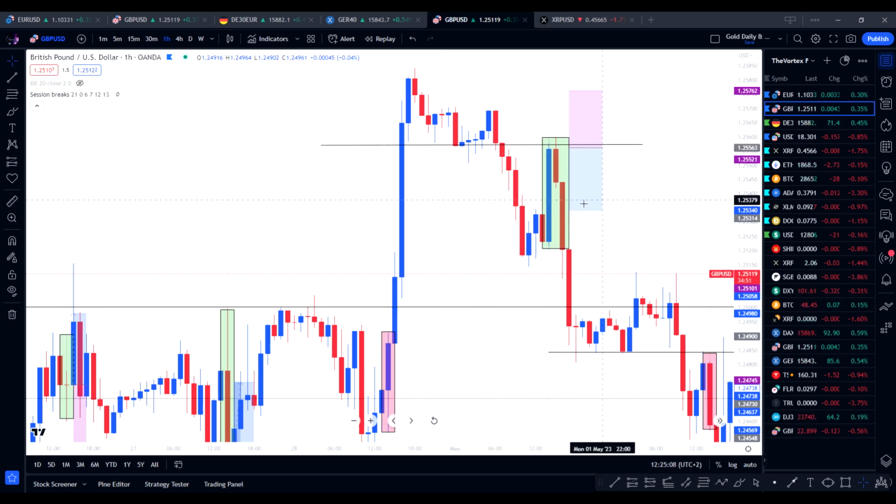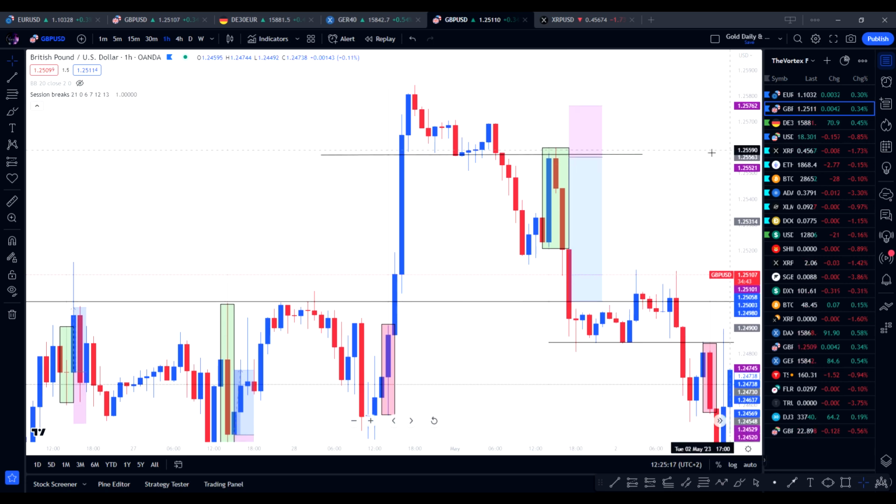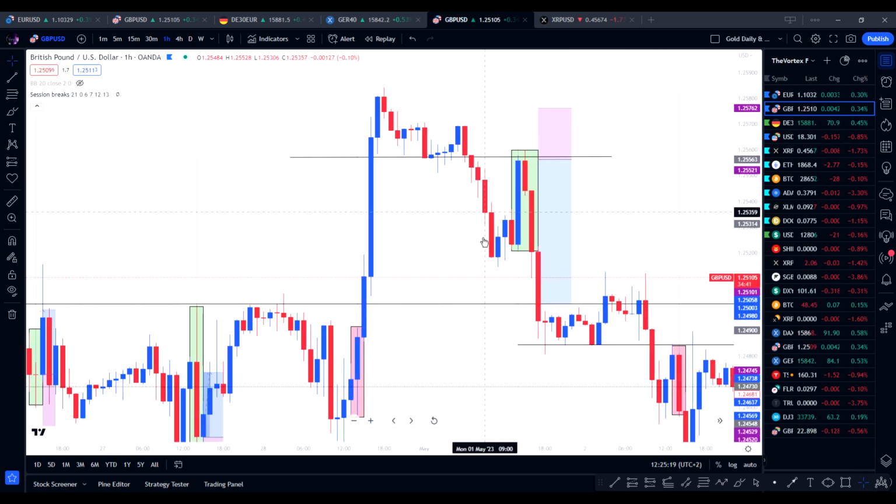Looking at where previous price structure was, we could have easily waited for price to come back down. So now we're not just doing the opposite of what the opening candle does, we're doing a break and retest. Because why? We saw a break away from previous support, and then we saw a retest back up to previous support. So we had resistance flipped to support.